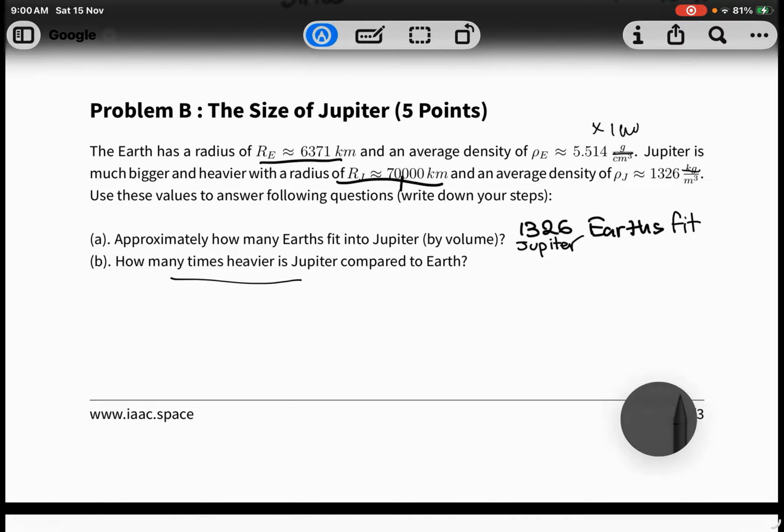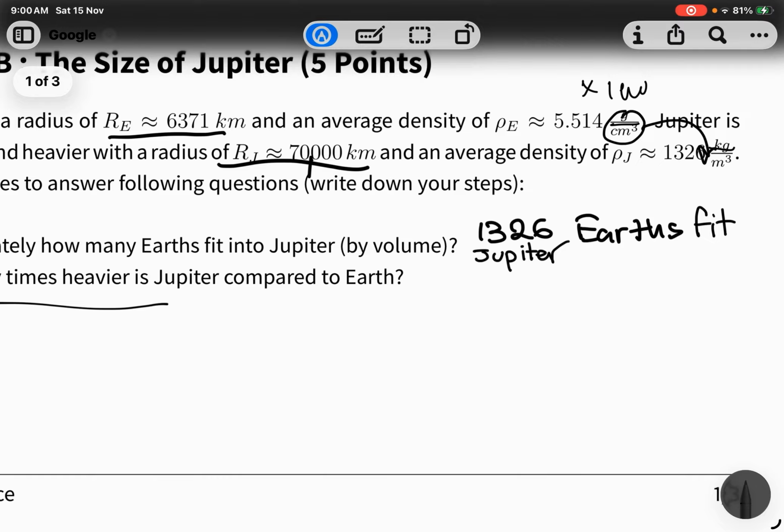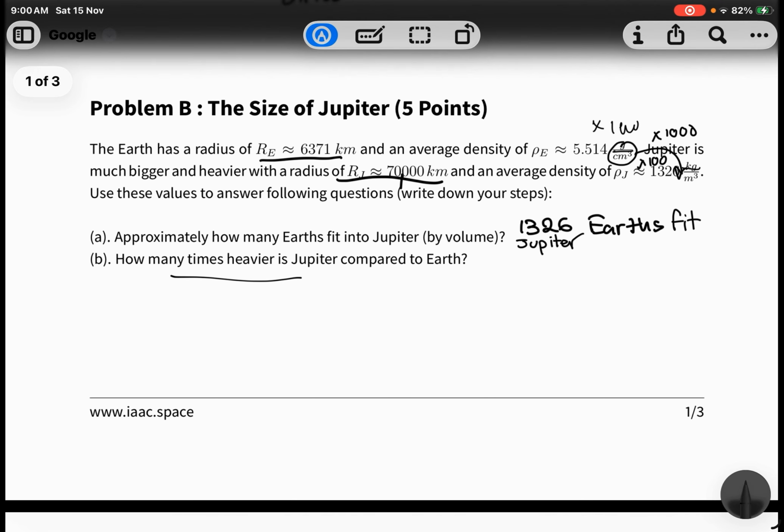Okay, so we need this in this form, so we can just multiply it to get here. It was the same thing, 1326 into 1326, which is approximately 318 times heavier.